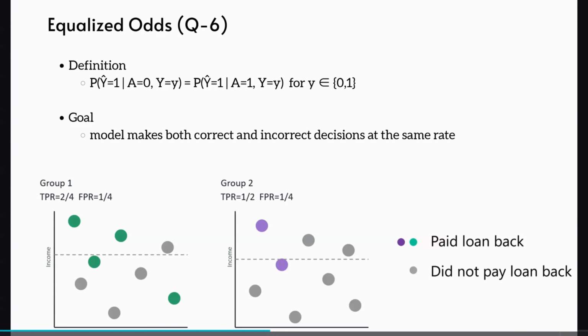Can we annotate? You need to make it 1/4. That will change the TPR, but yeah. No, it won't change it.